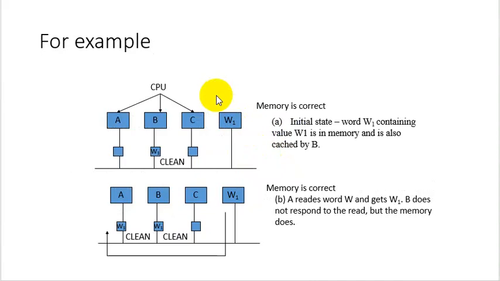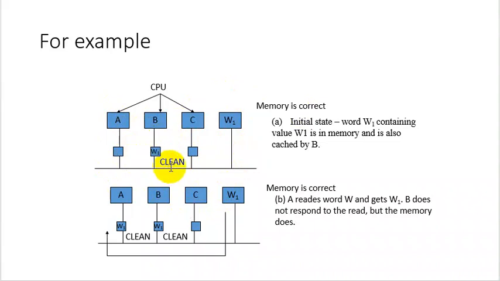So this is the example for the write-once protocol. The figure explains how the write-once protocol works. Initially, one processor reads the data and multiple caches may store the same value. When processor A writes a new value, the other processors detect this update and invalidate their old copies. So processor A now owns the latest version, marked as dirty.